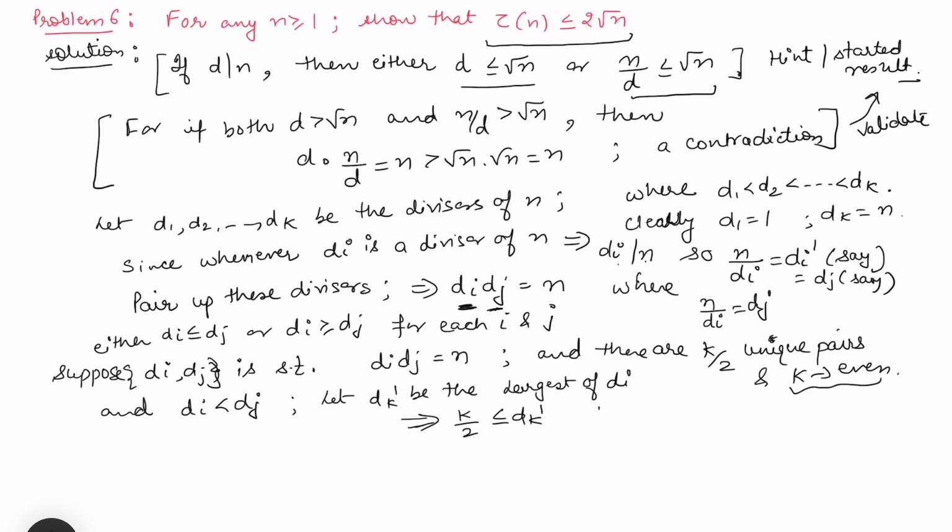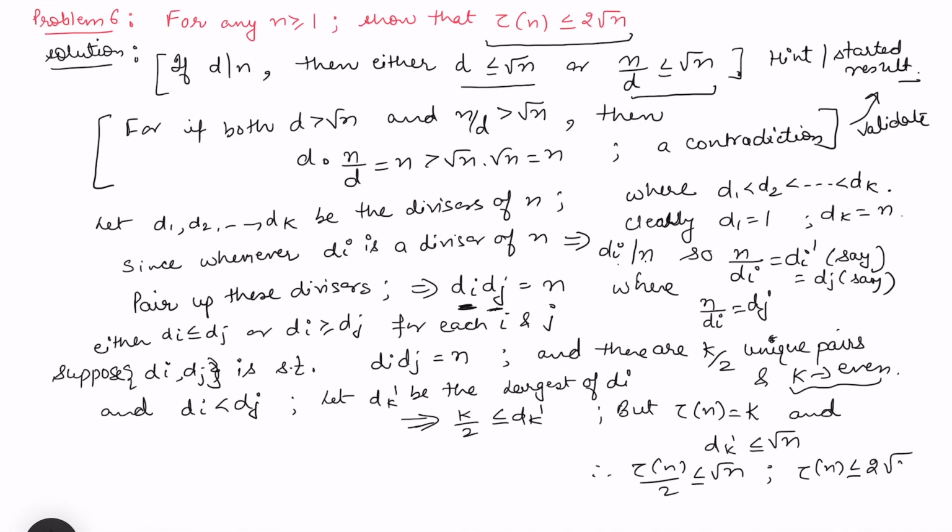But tau n is equal to k, and dk dash is less than or equal to root n. So this is how we have initially selected our pair. So tau n by 2 is less than or equal to root n, or we may say tau n is less than or equal to 2 times root n.